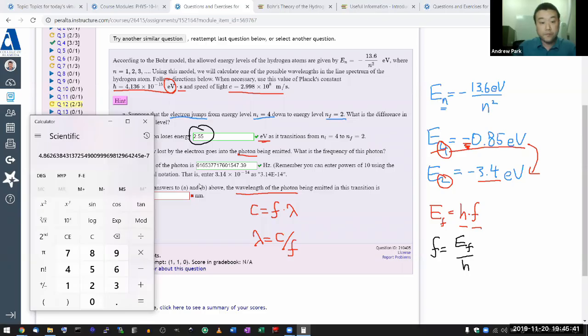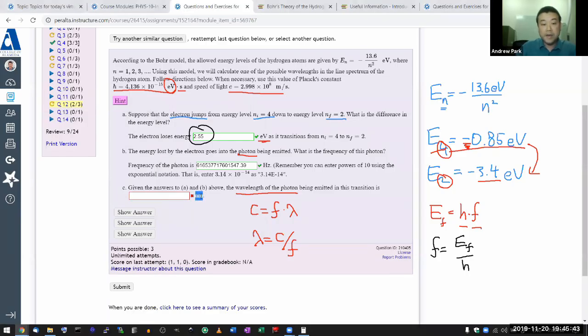This is where I do have to be careful. I'm asked for the answer in units of nanometers. This is where you need to remember that 1 nanometer is equal to 10 to the power of minus 9 meters, or 1 meter is equal to, multiplying both sides by 10 to the 9, 10 to the 9 nanometers.